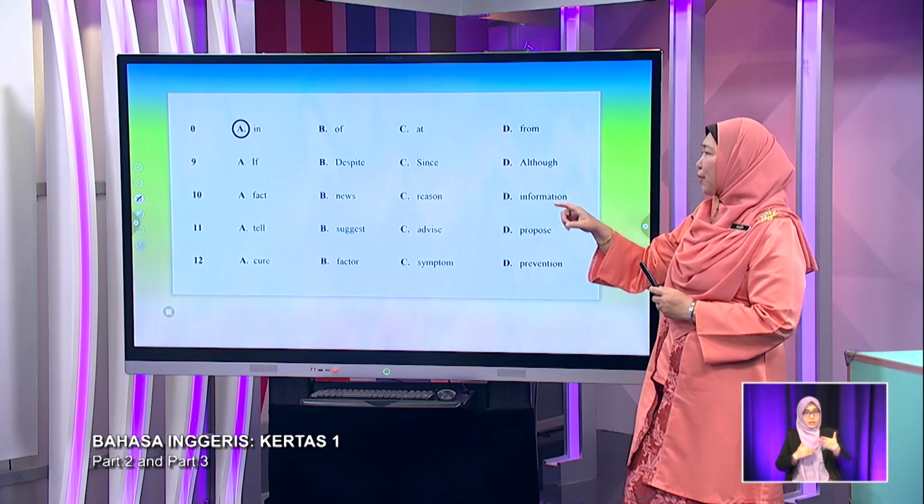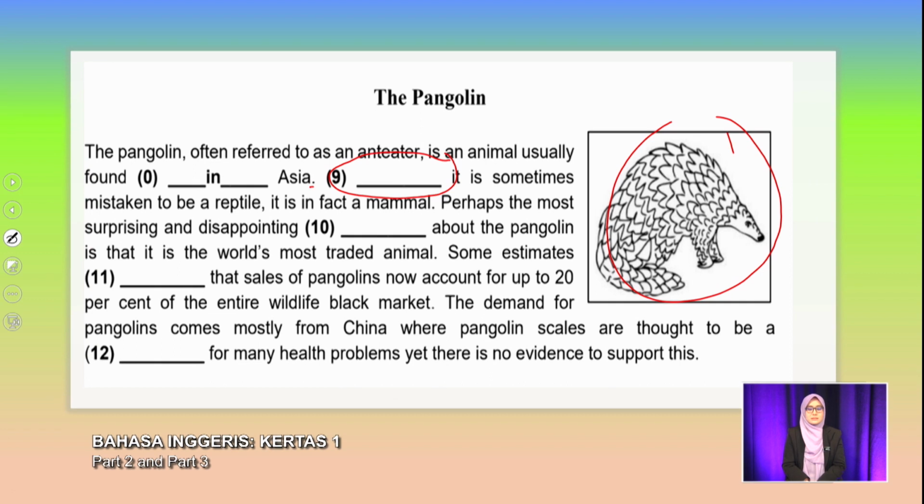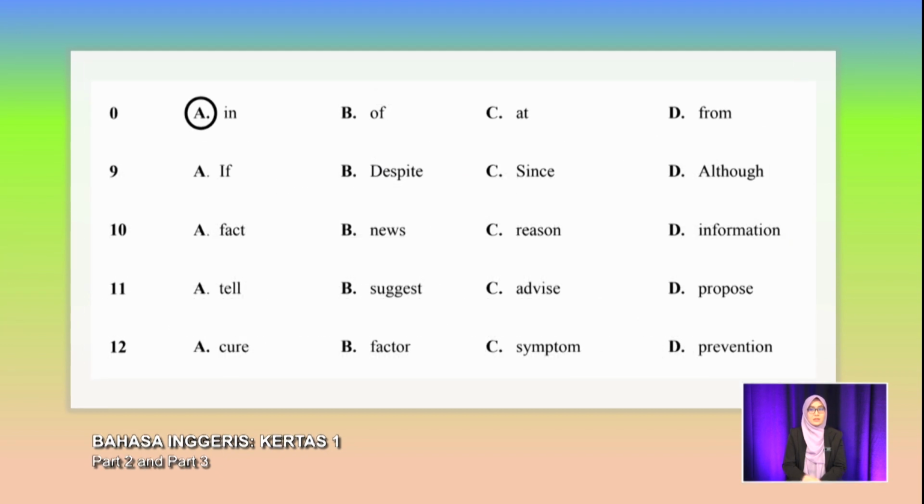We have 4: if, despite, since, although. Going back: it is sometimes mistaken to be a reptile. It is in fact a mammal. Is it if? Is it despite, since, or although?